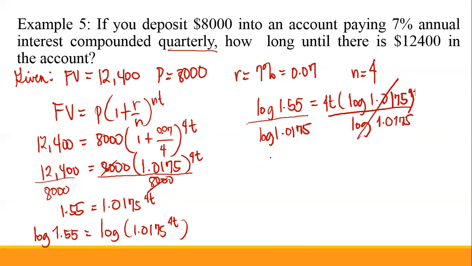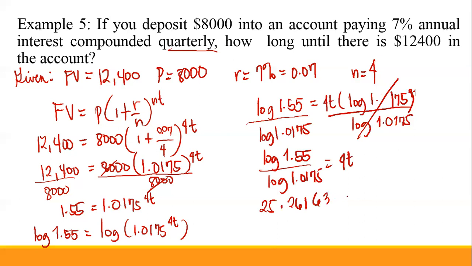Alright, so this is now log 1.55 over log 1.0175 equals to 40. Okay, so this is 25.26163279, which is almost equal to 40.